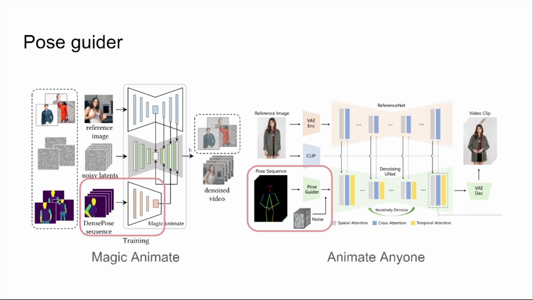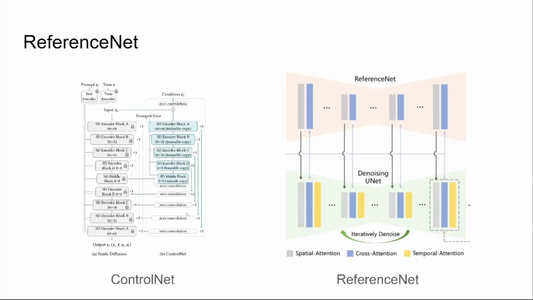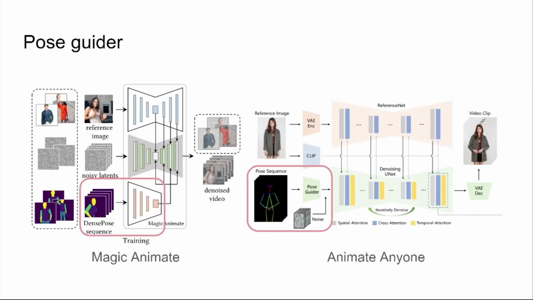In the middle we have the Stable Diffusion network, which is frozen everywhere, and in the lower part is ControlNet. Remember what ControlNet is: it tries to train an encoder but applies it to the decoder. Here ControlNet takes the pose guidance, and the upper part is the reference net. So this would be the initial version of the whole network.